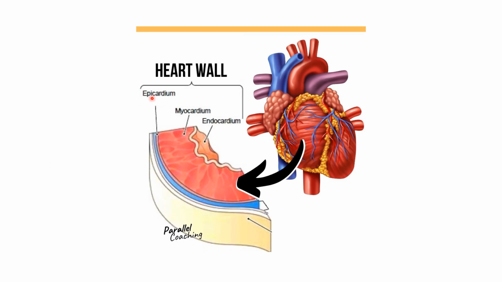So epicardium is protective but elastic. Myocardium is the actual structure of cardiac muscle. And then the endocardium is this lining on the inside of the ventricles and the atria that allows for blood to flow through and move to the different areas that it needs to move through.